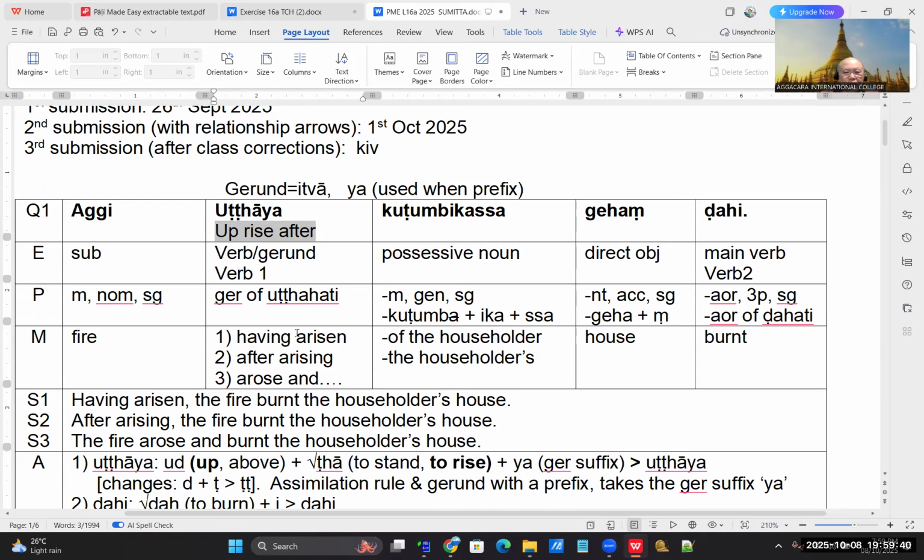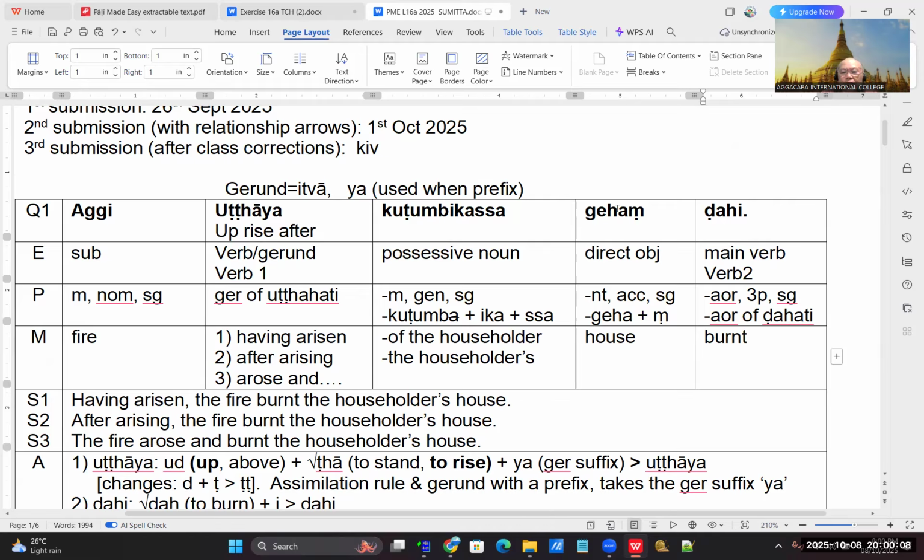So the fire after rising up. There are three ways of translating a gerund: after arising, after having arisen, after rising, or you put it as a first action that takes place, arose, and then dahati, burn, burn down, from the word dahati. So the fire arose and burned.